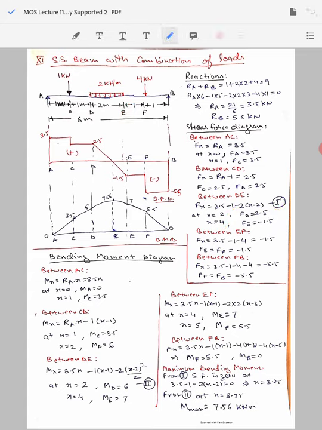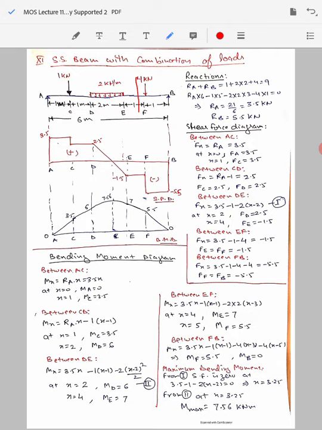Now we go ahead and consider the span EF. Cut the beam anywhere between E and F. Draw the free body diagram for the left hand section of the beam. There is a force RA, there is a force 1 kilonewton downward, which were there earlier also. Then we have the entire uniformly distributed load acting for this span.